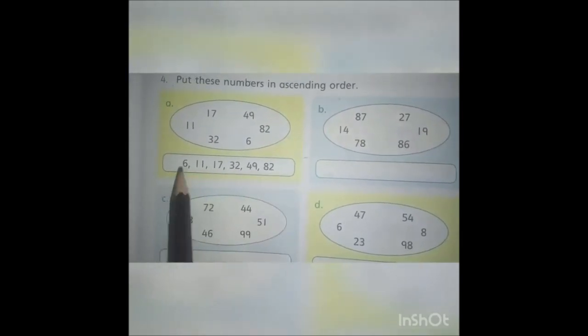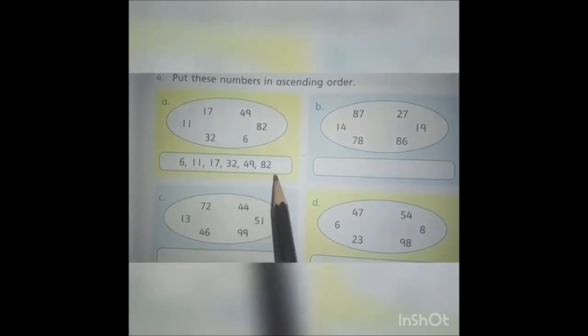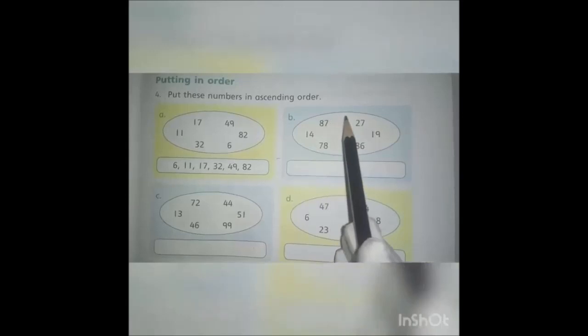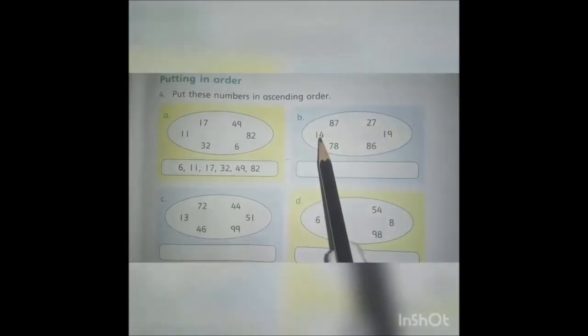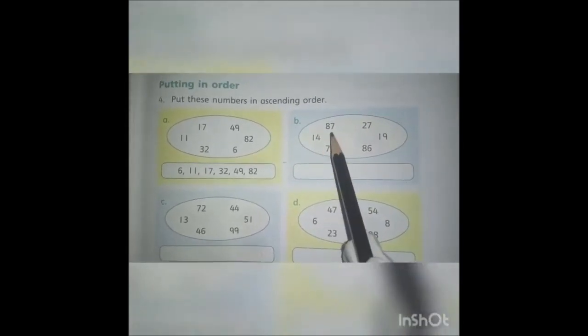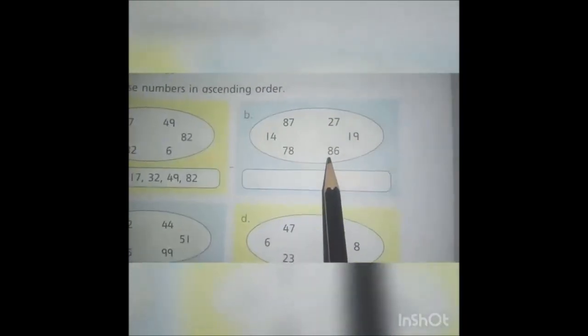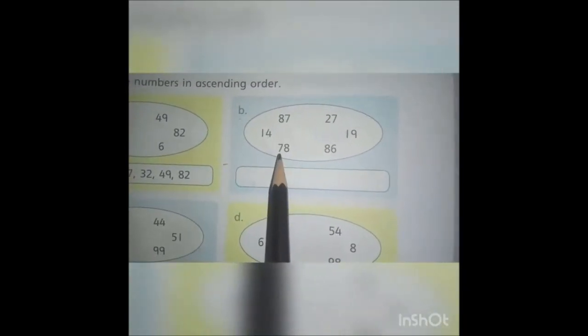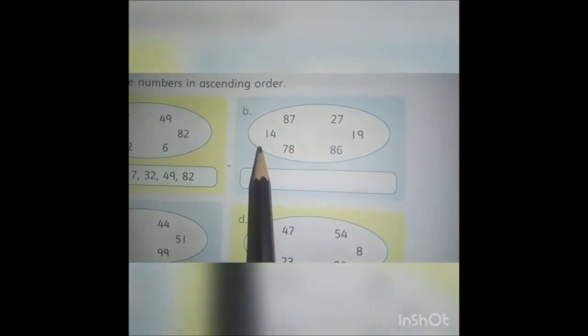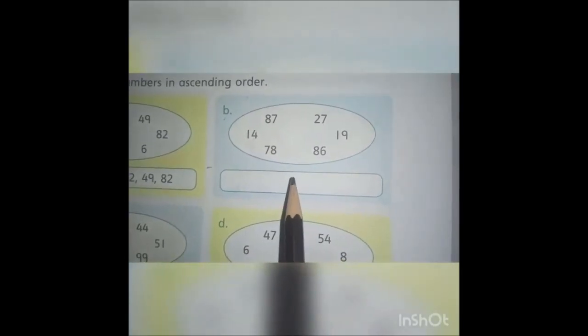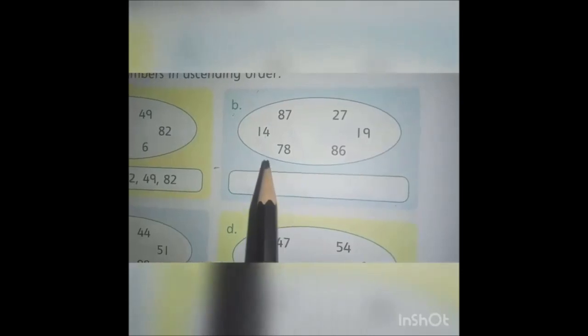We arrange the numbers in ascending order. Now start part B. Read these numbers. 14, 87, 27, 19, 86 and 78. Tell me students, which number is the smallest number?